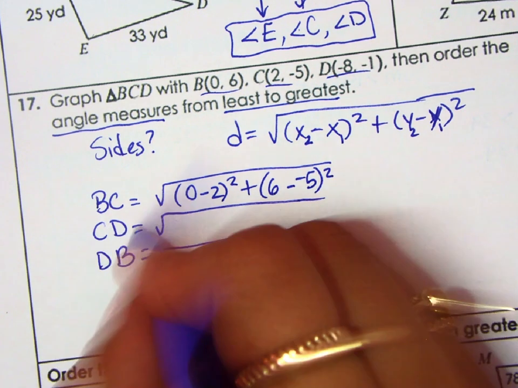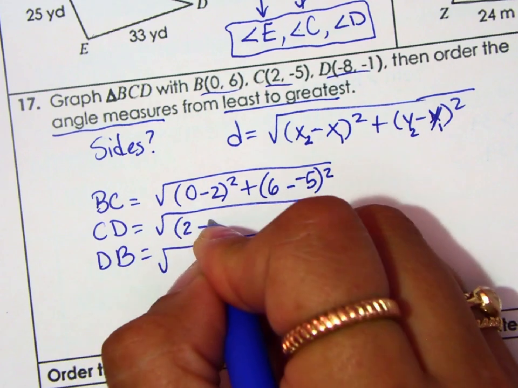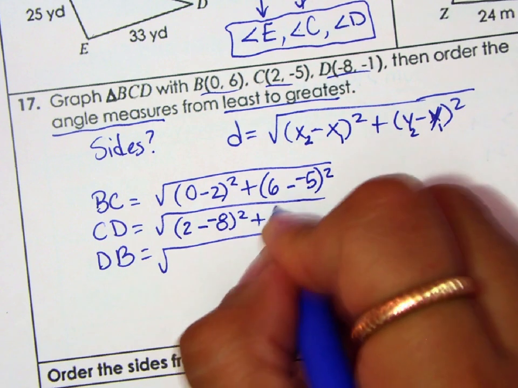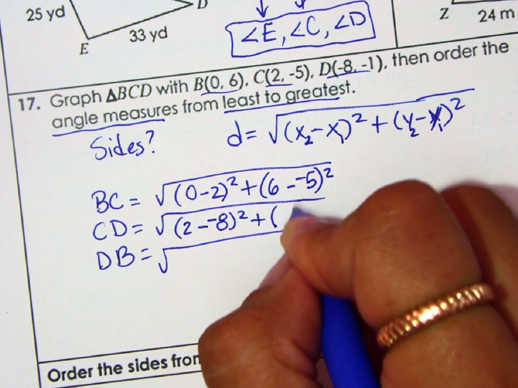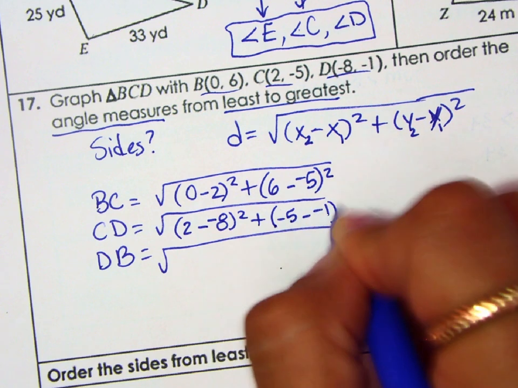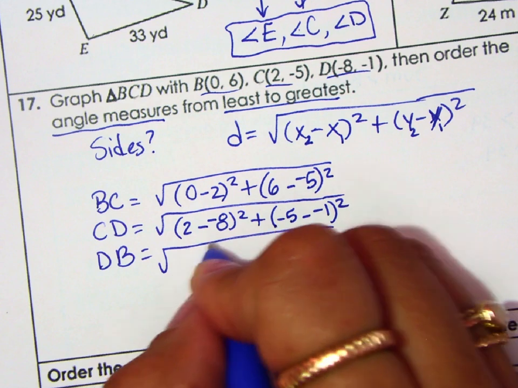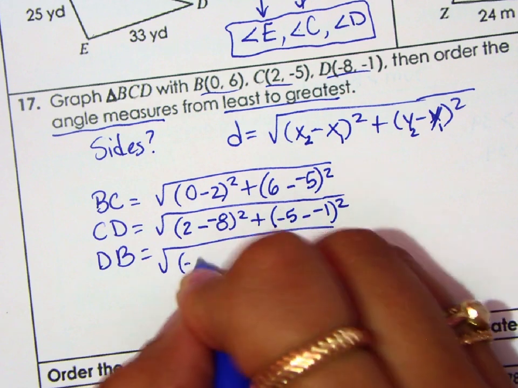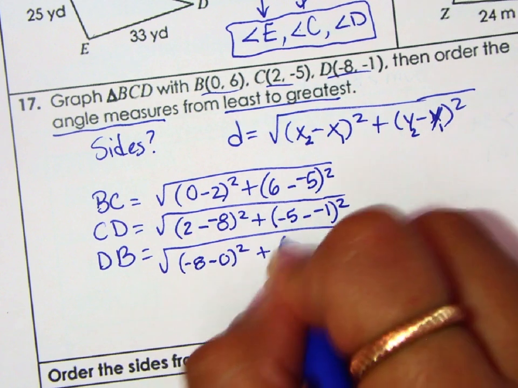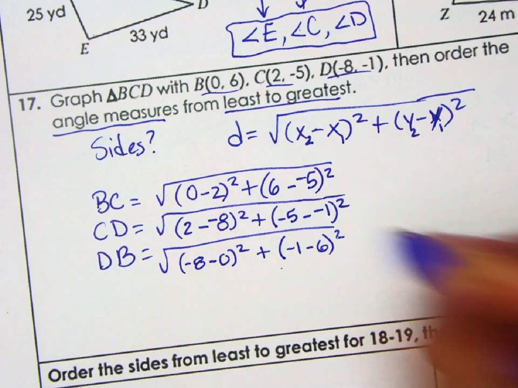C to D is the x's: 2 minus negative 8 squared plus the y's, so that will be negative 5 minus negative 1 squared. D to B will be negative 8 minus 0 squared plus negative 1 minus 6 squared.